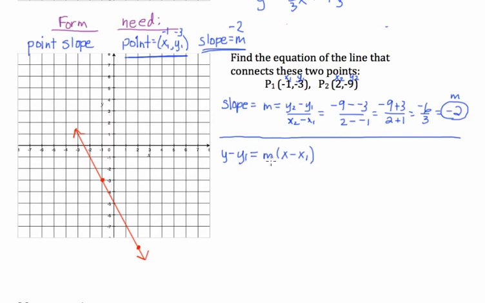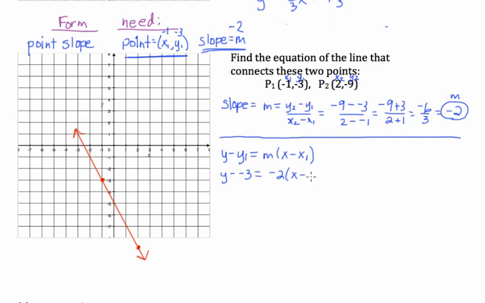Remember, the y1, m, and x1 are all going to come out for stuff that we know. The x and the y will stay there. So y minus the y1 was -3. The m, our slope, was -2.